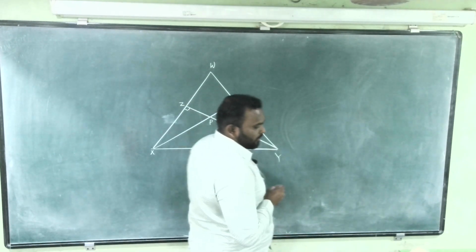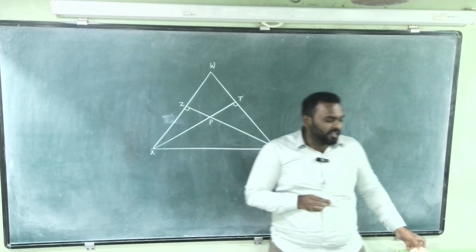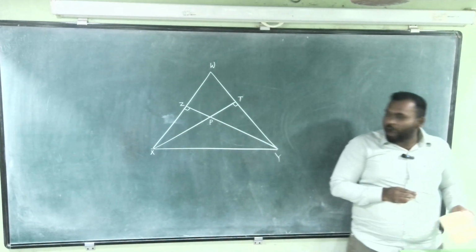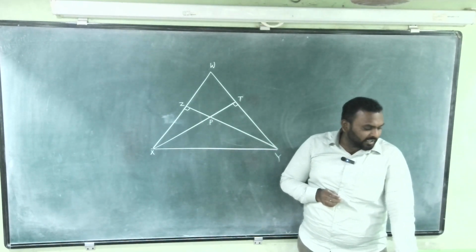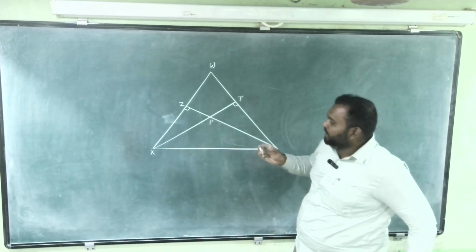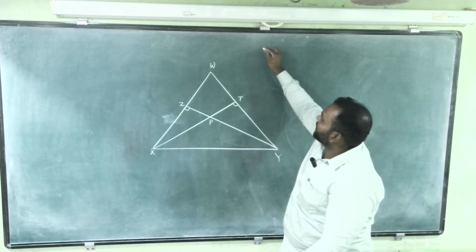Look here. Now, here you have been given that altitudes YZ and XT, they intersect at point P. This is your given part, right? So what they have given you?